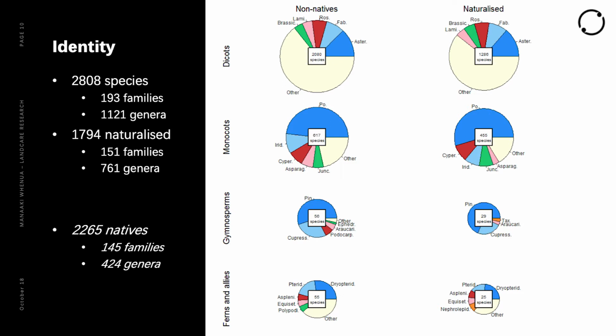And just as a comparison, the native vascular flora includes only 2,200 species. So at this point, we've more than doubled the diversity of plant life in New Zealand with introduced species. It's kind of interesting.